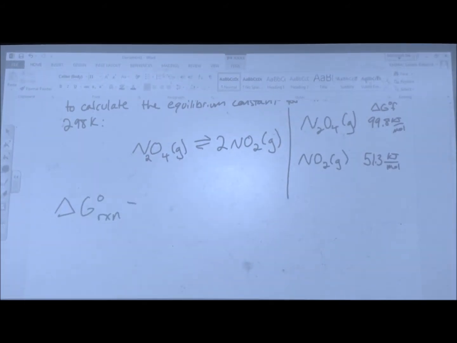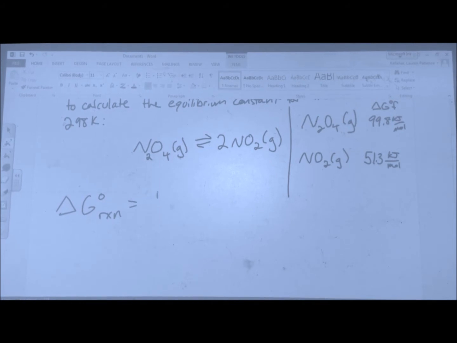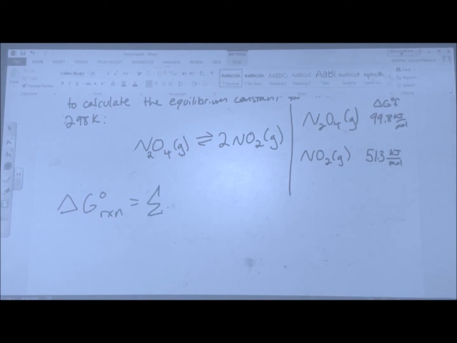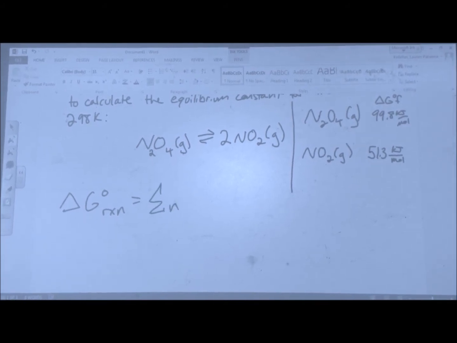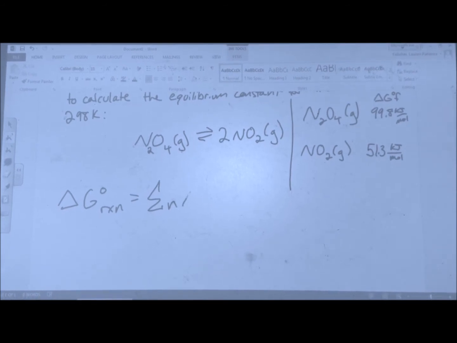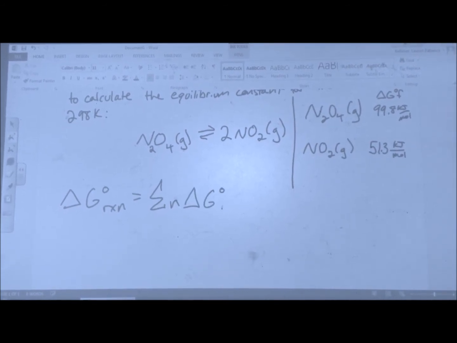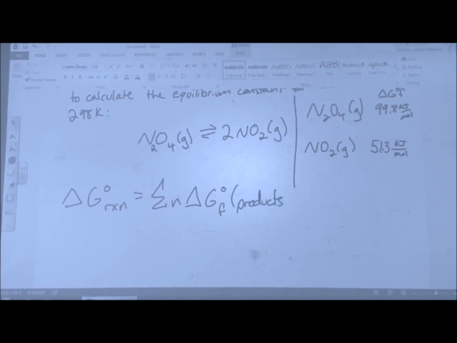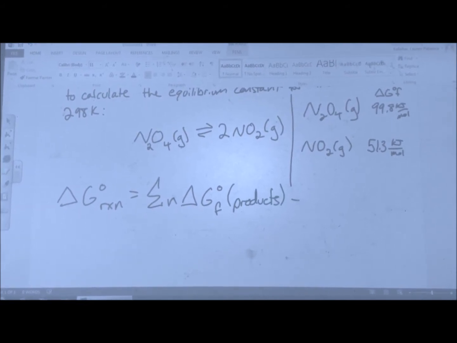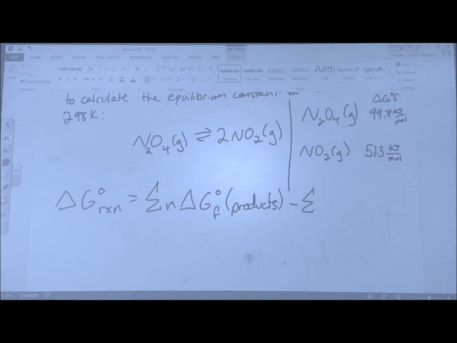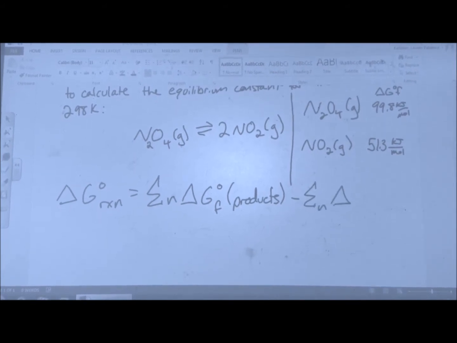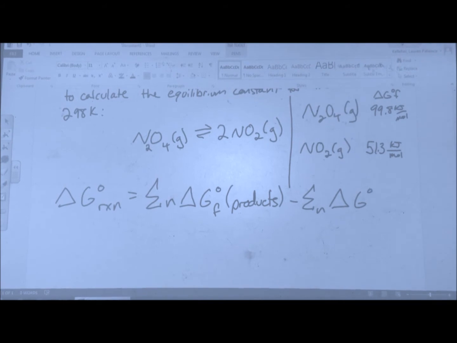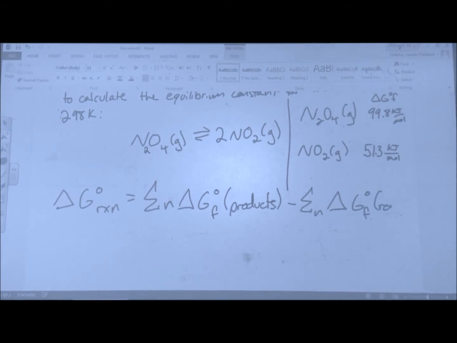And the equation for this is the sum of the moles of products times the delta G of formation for the products minus the sum of the moles of reactants times the delta G of formation for the reactants.